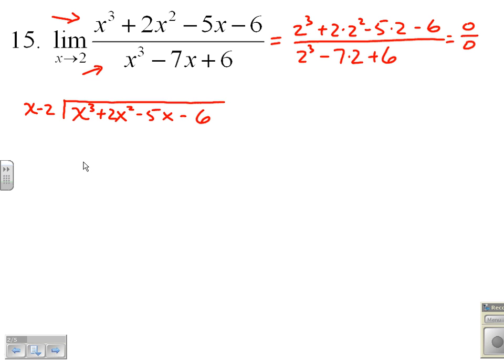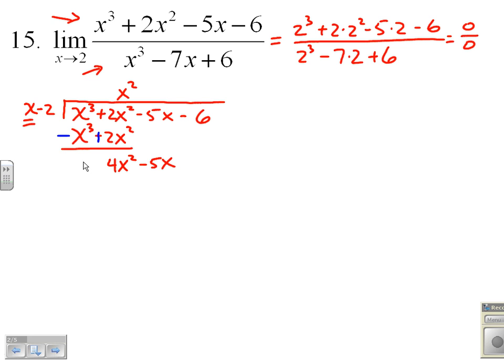And in long division, I'm just going to check how many times x goes into my first term, x cubed. X goes into x cubed, x squared times. And I get x cubed minus 2 times x minus 2x squared. But don't forget we are subtracting these guys. So I end up with 4x squared, bring down the minus 5x.